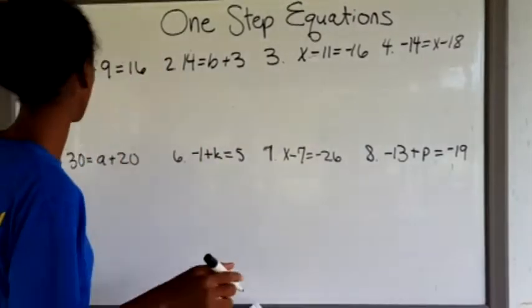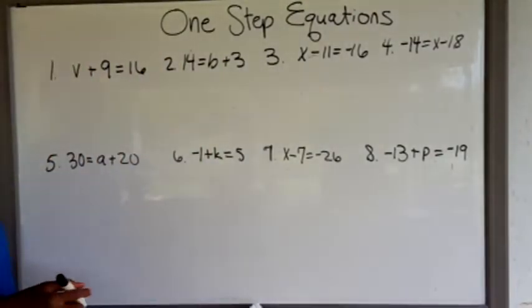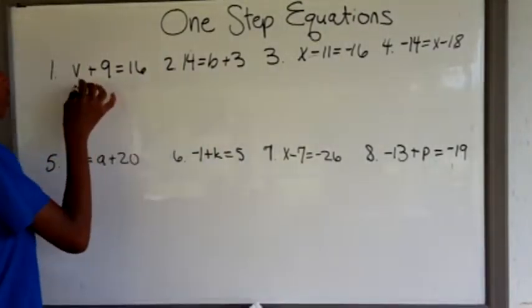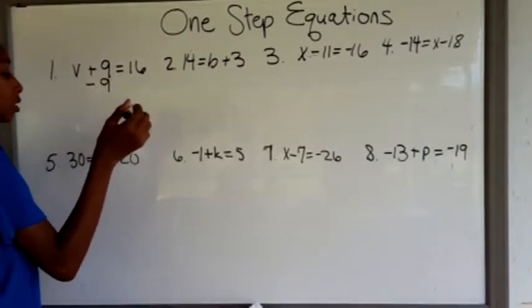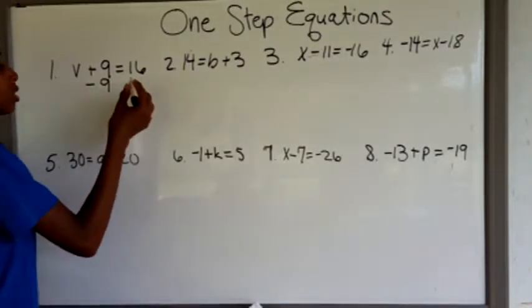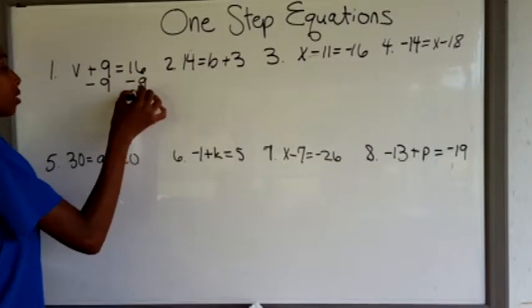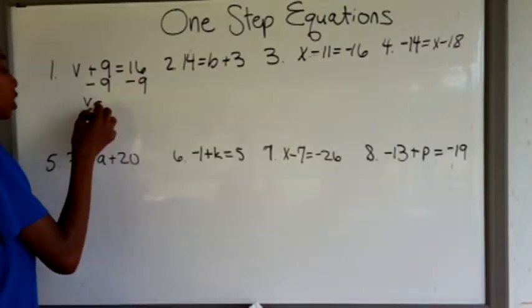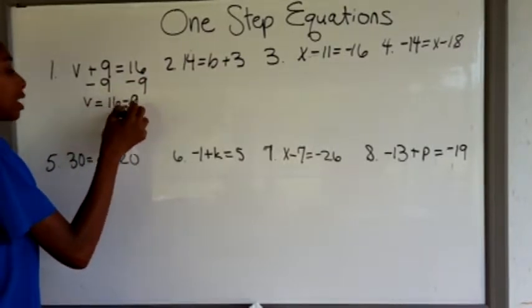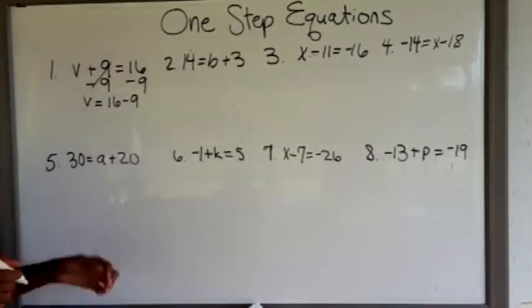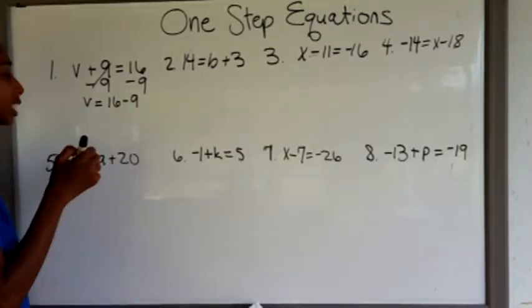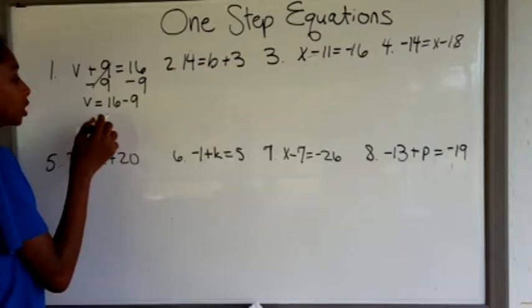Alright, so we have b plus 9 equals 16. We're going to do minus 9 and minus 9. So that leaves us with b equals 16 minus 9. That crosses out. So 16 minus 9 is going to be 7.